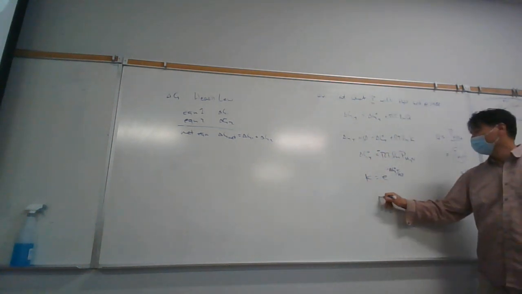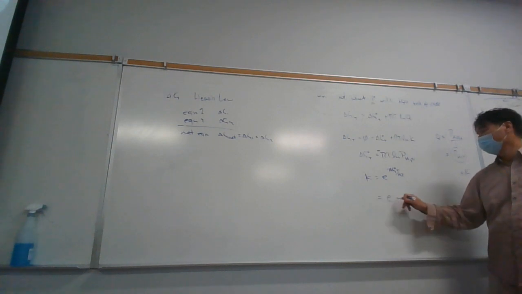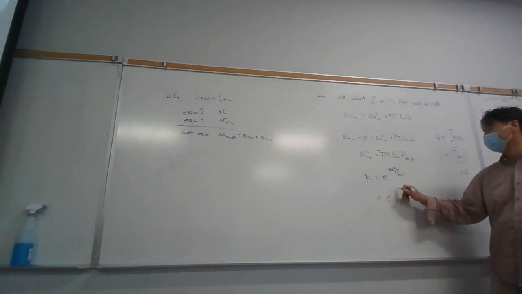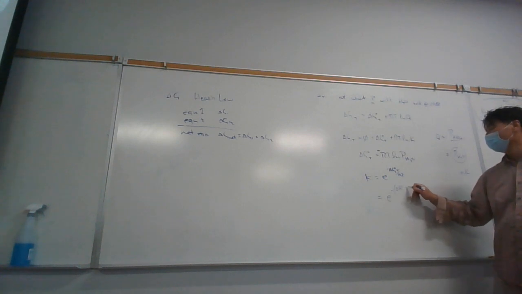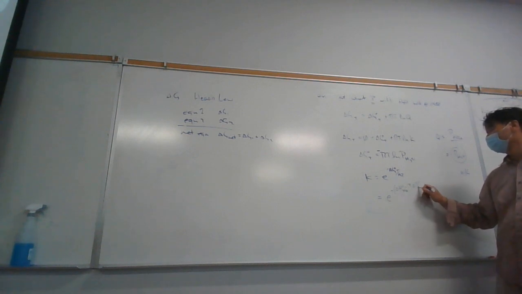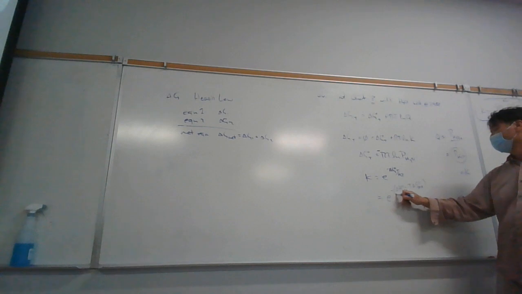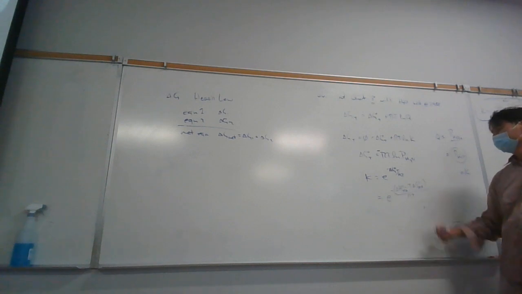And so for this one, we're going to do it all in one equation. We need to put in our delta H naught minus T delta S naught here, and we're going to use these at 298 and 298, and then divided by RT.